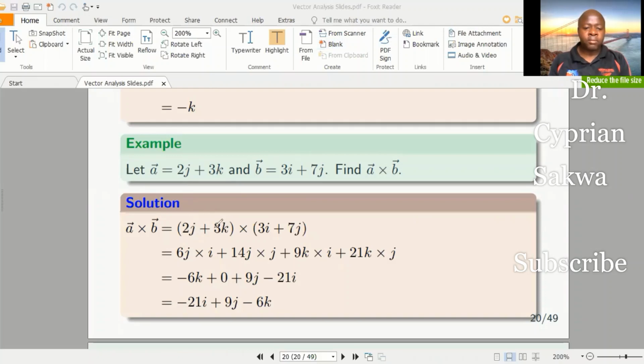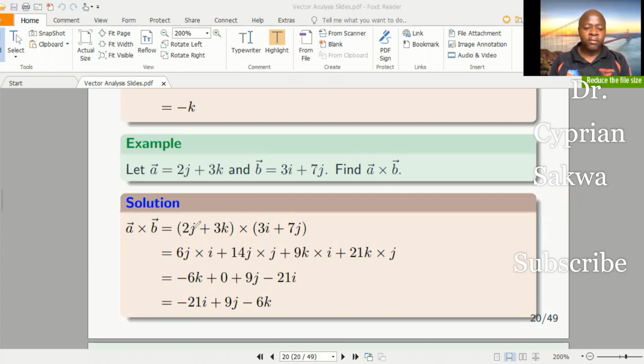So this is my R, and this is my B. 2I cross 3I... then 2J cross 3I. So 2 times 3 gives me 6. Then I have J cross I. The order must be followed: J to the left, then I to the right. The order is very important, and you know that the cross product is not commutative, and therefore the order is strictly followed.